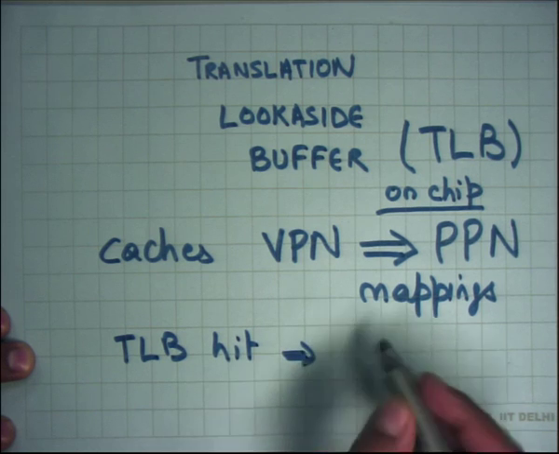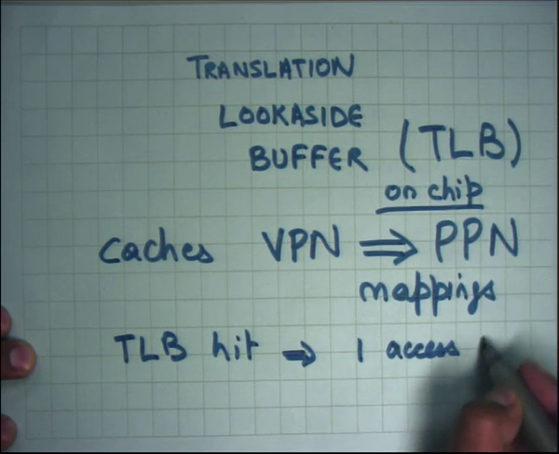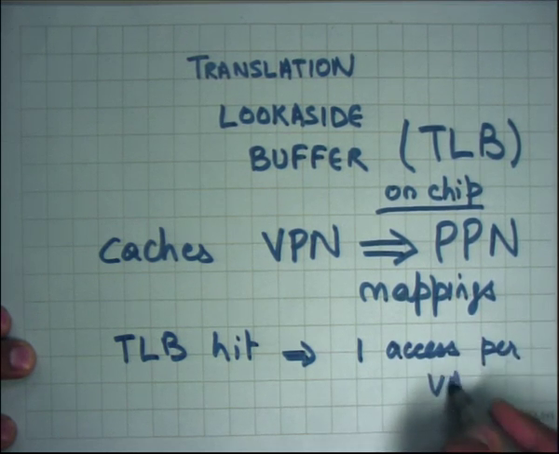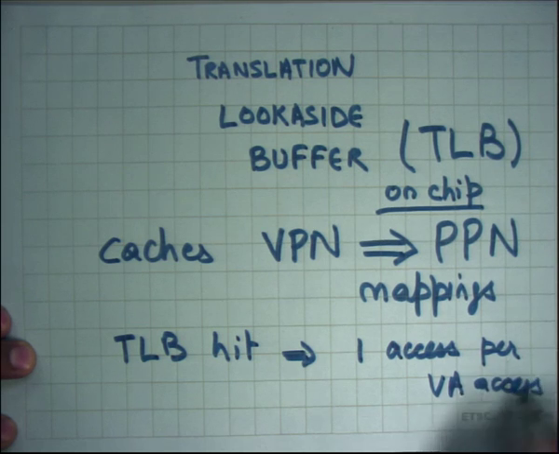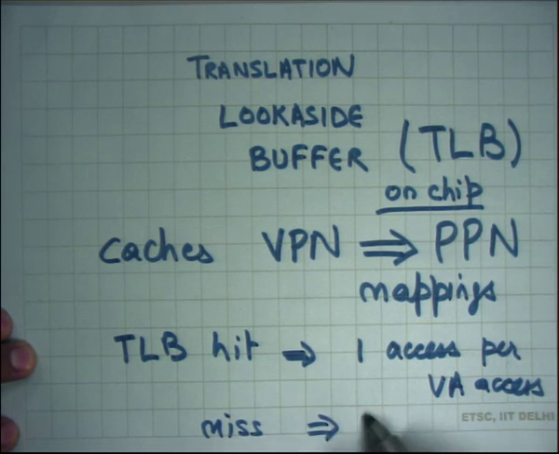So if you get a TLB hit, that implies 1 physical memory access per VA access. A miss implies 3. If there is a TLB miss, you have to walk the page table just like before.